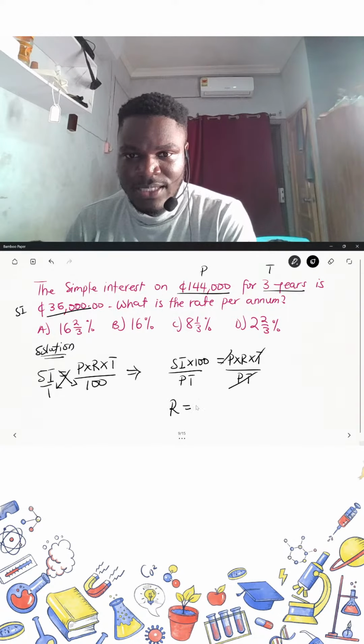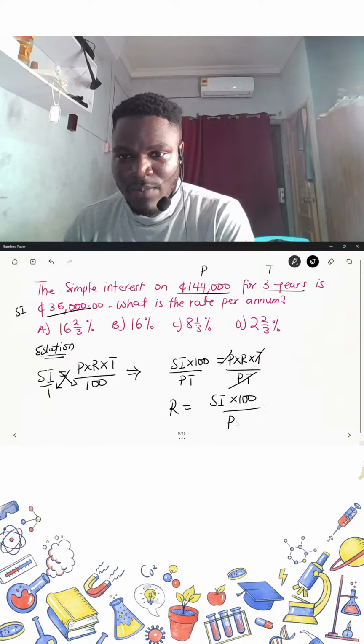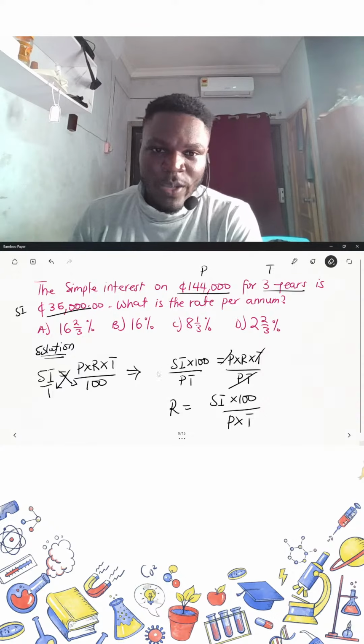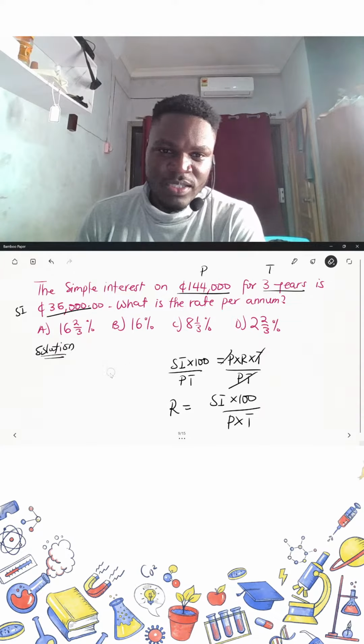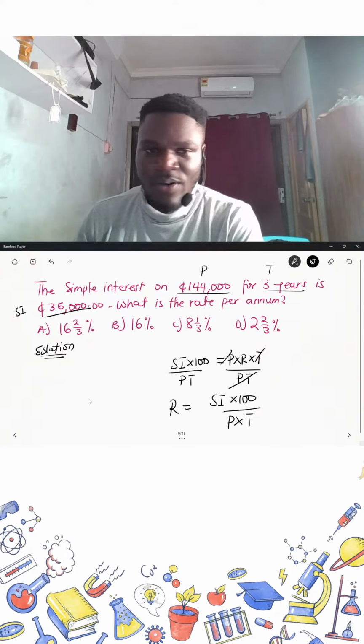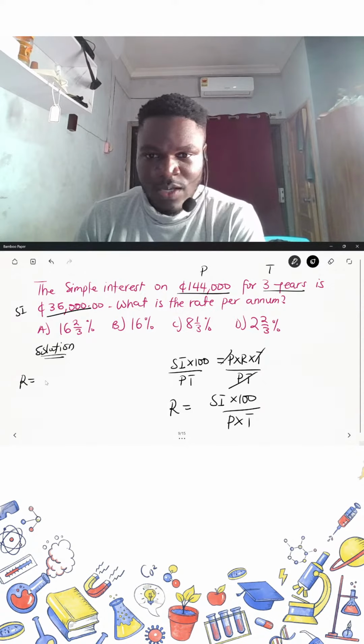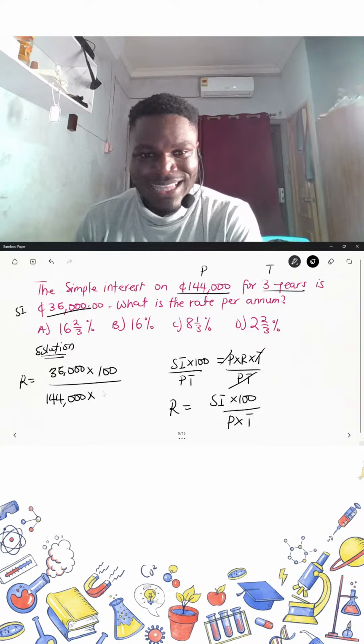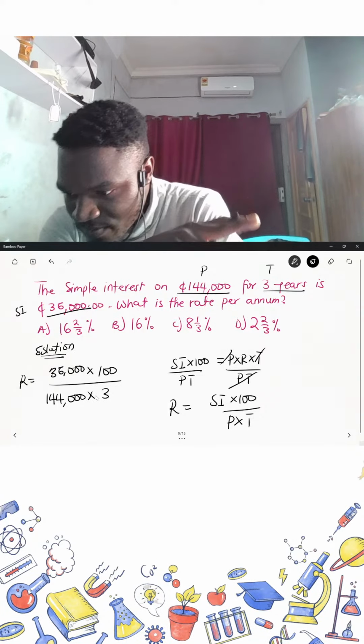So my rate is equal to the interest multiplied by 100 divided by the principal multiplied by the time. Let's do the substitution. Our rate is equal to the simple interest, which is 36,000, multiplied by 100, all over the principal, which is 144,000, multiplied by the time, which is 3.